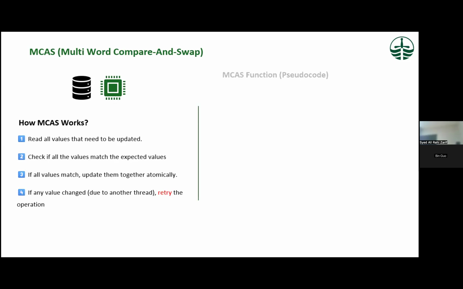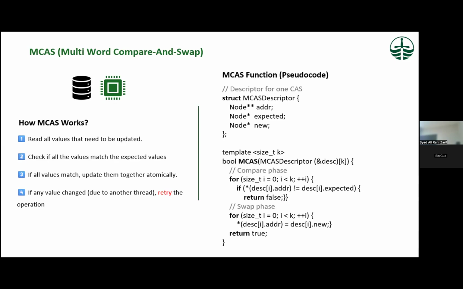Now, here is a simple MCAS function. You can see there is an MCAS descriptor, which holds the address, the expected value, and the new value. Here we pass a set of tuples, a collection of addresses, expected values, and new values. We have to loop through and check if all of the expected values match the values at the addresses.